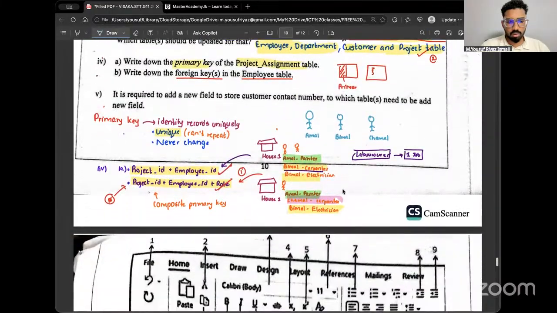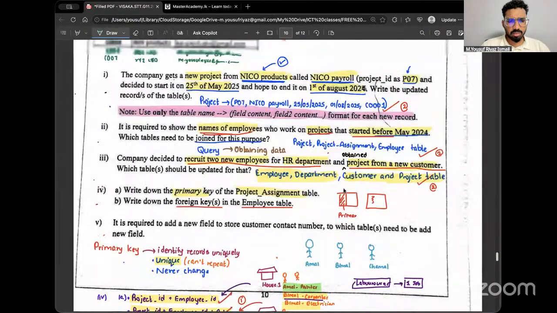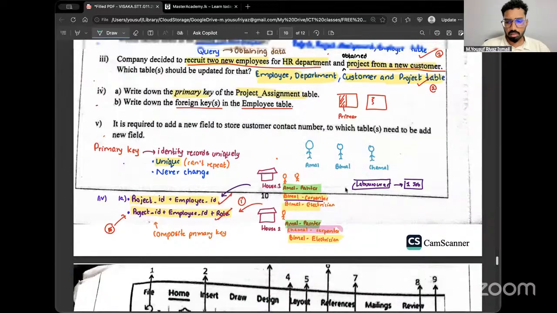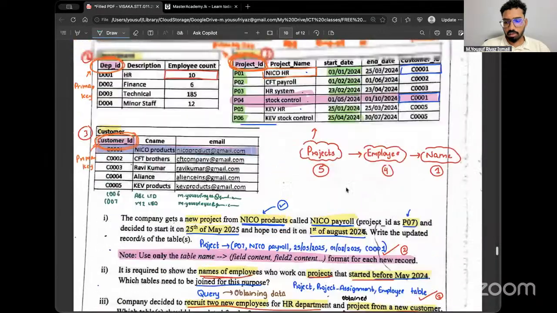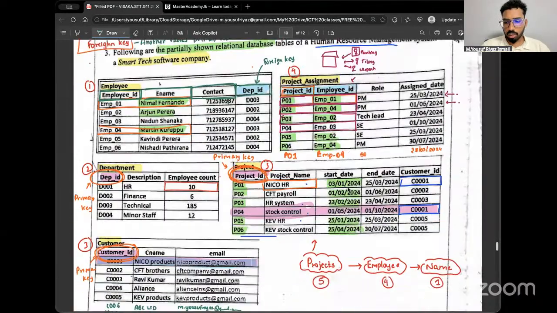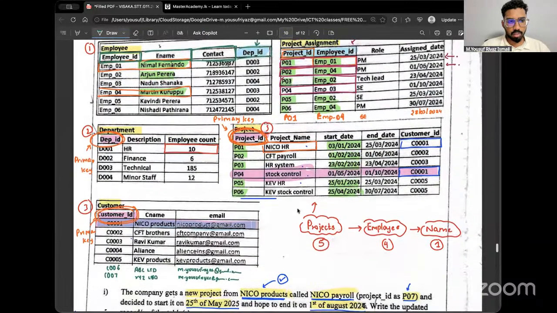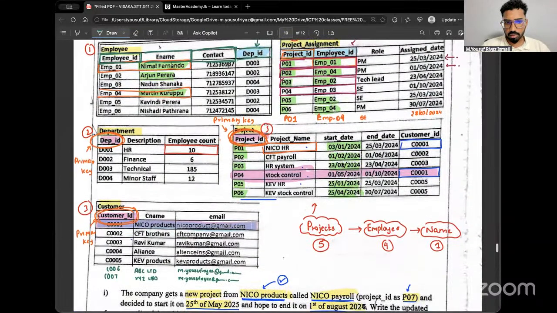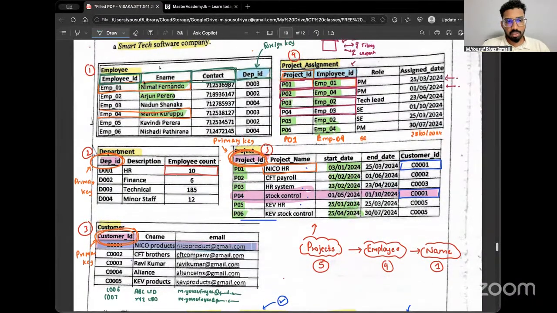No. Why will the name repeat in the customer table? Wait, what do you mean by name can repeat? Which table are you talking about, Surya? Are you talking about customer table or employee table? Okay, in employee table, which field are you talking about? Employee ID, employee name, contact, department ID.